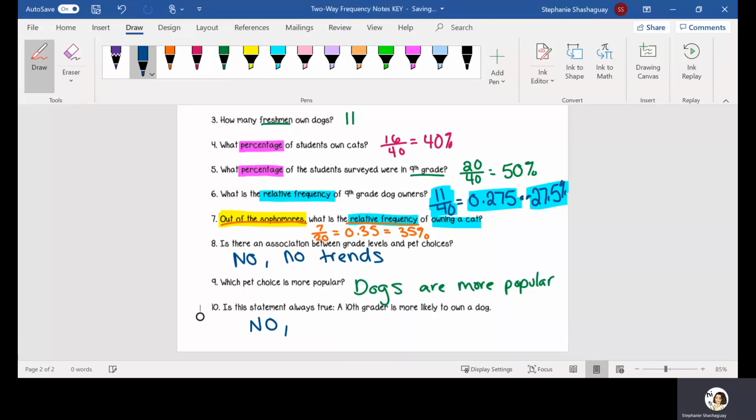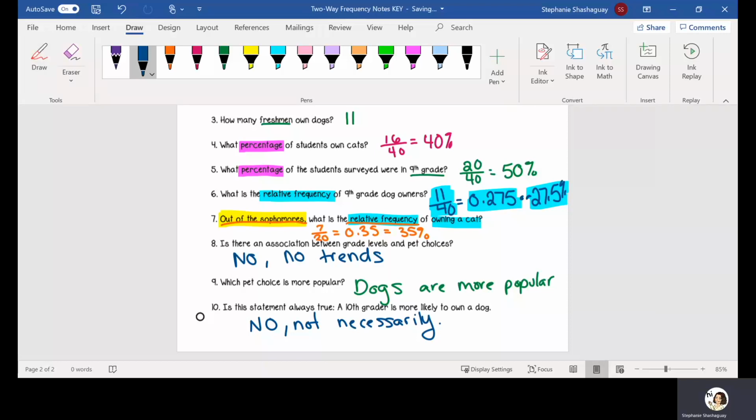So no, not necessarily. You have to be careful just because data is displayed in a certain way and it shows it in this particular group. Unless it's something that can be consistently found across the board, there's not going to be a link or it's not going to happen more likely.